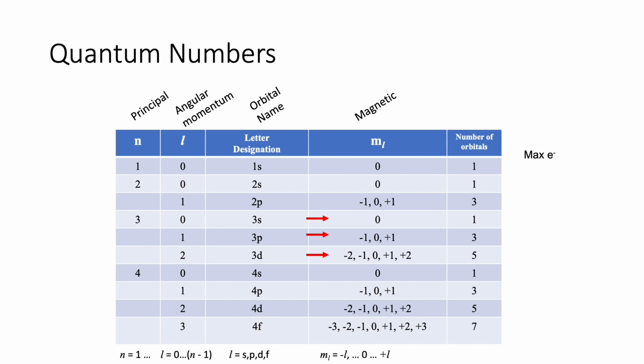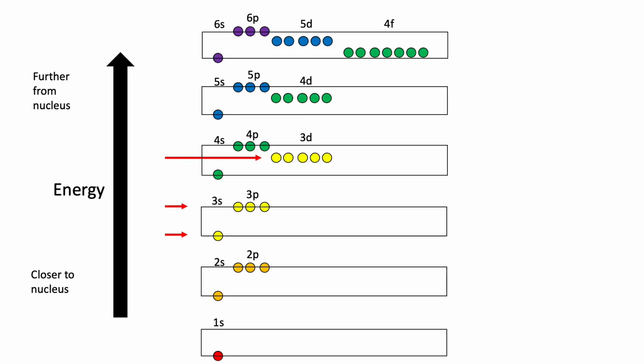This corresponds to 1, 3, and 5 orbitals respectively, which can hold 2, 6, and 10 electrons respectively. In our diagram, you'll see 1 3s orbital, 3 3p orbitals, and 5 3d orbitals.